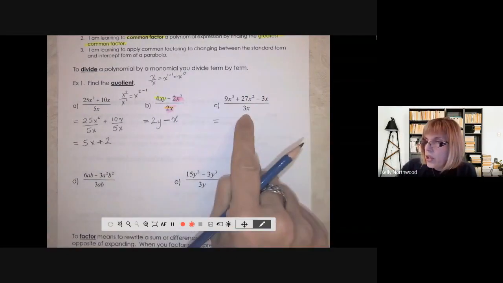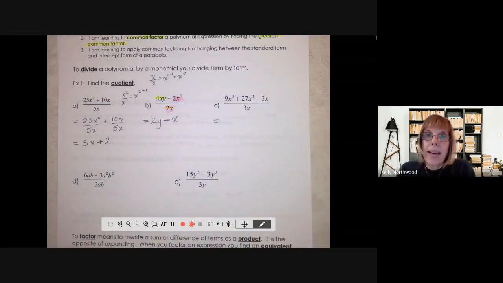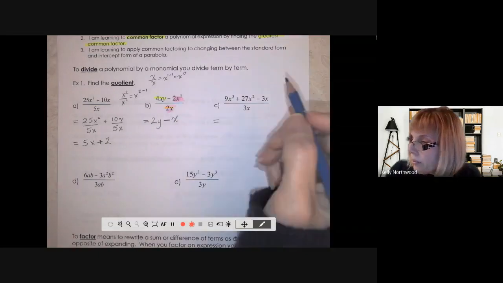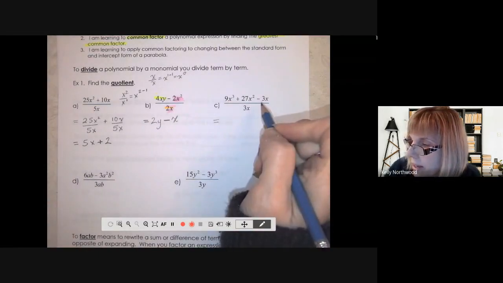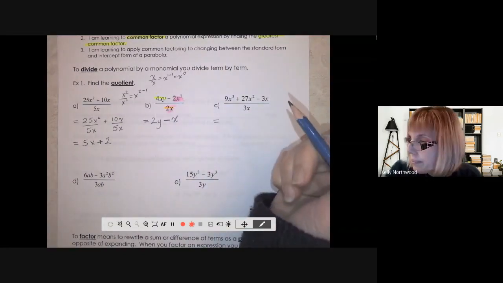I'm going to give you a minute to try this one. Try to divide each of these terms by 3x, and then I'll put the answer down, or I'll ask one of you for the answer. Anyone think they've got the answer for 9x cubed plus 27x squared minus 3x divided by 3x?